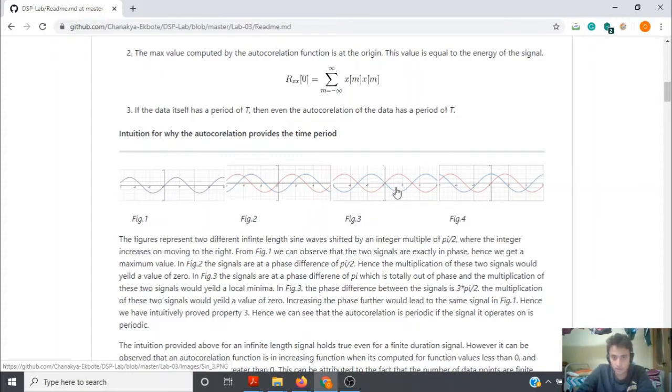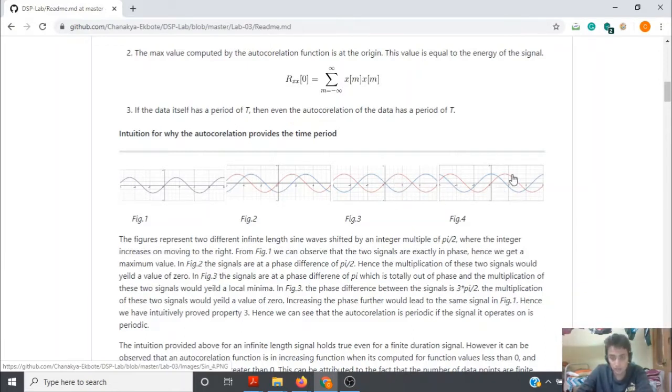Now looking at figure 3, these are perfectly out of phase signals, right? So when you do this autocorrelation, where you have shifted this particular signal by a time factor of minus pi or plus pi, depending on how you're going to see it, you will get a value of -1, which is a negative phase.